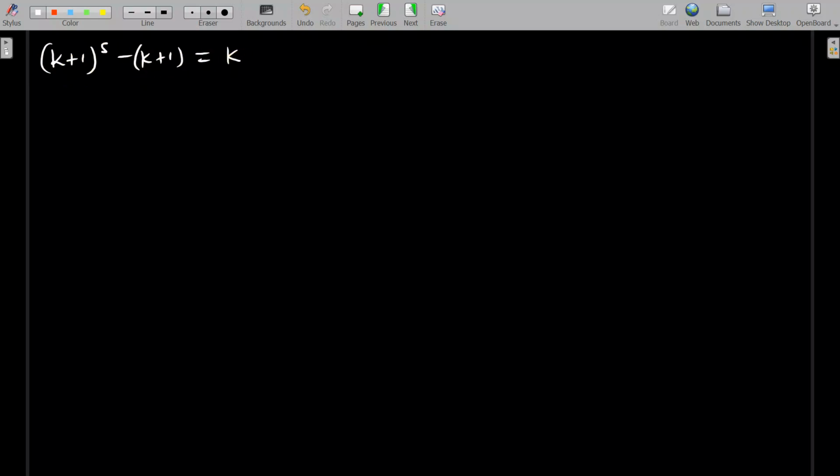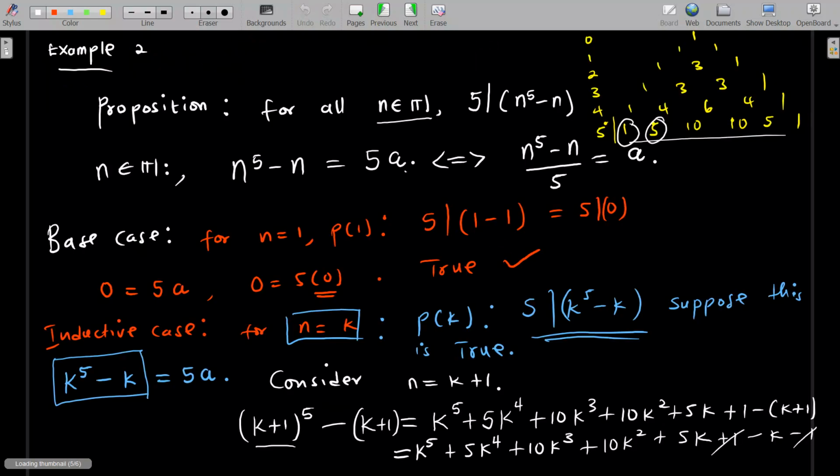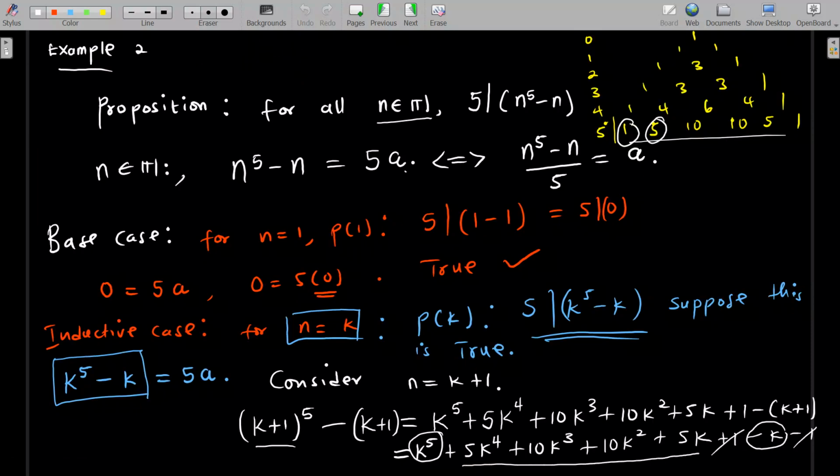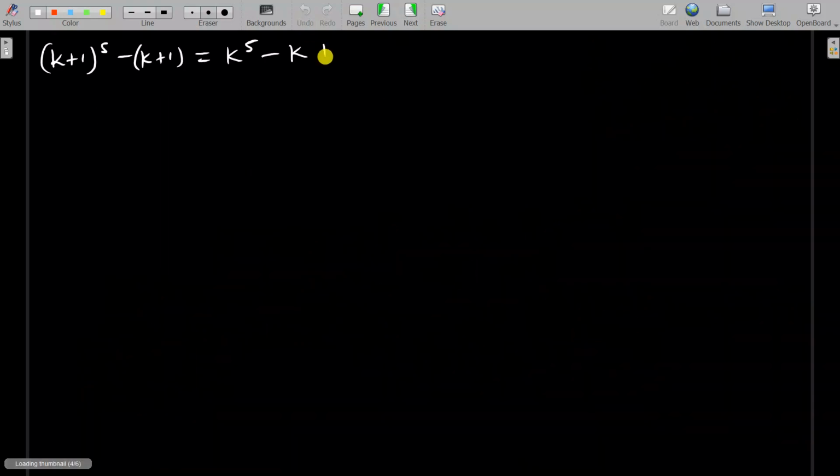I'm going to write k to the power 5 here minus k, put it down, then I'm going to write the rest of these guys: 5k to the 4th plus 10k cubed, 10k squared, and plus 5k. That is the last one.